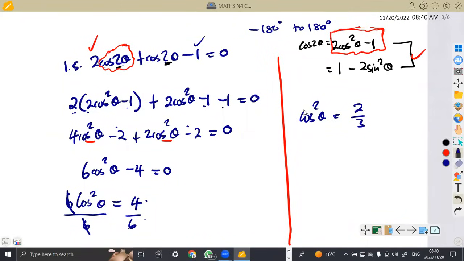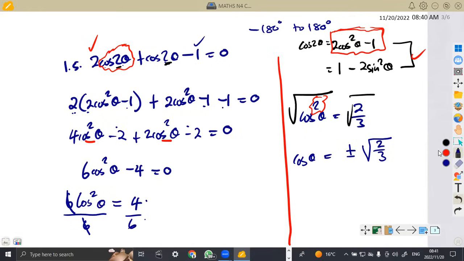Okay, so to obtain cos theta, there is a squared. To remove this squared, remember that you introduce square root both sides. So if I introduce square root, that means cos theta is equal to plus or minus the square root of 2 over 3. So here we've got two possible values for cos theta. It can be a plus or it can be a minus.